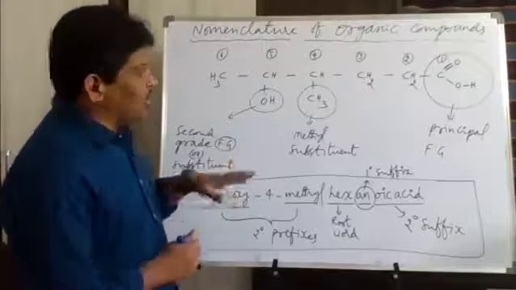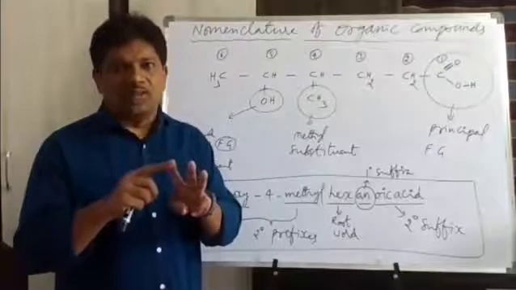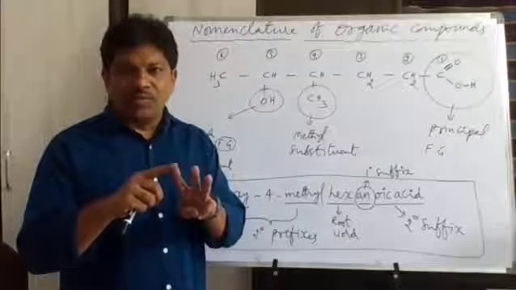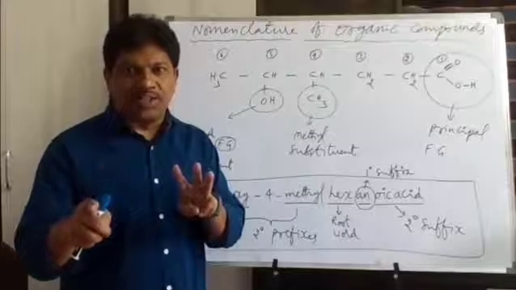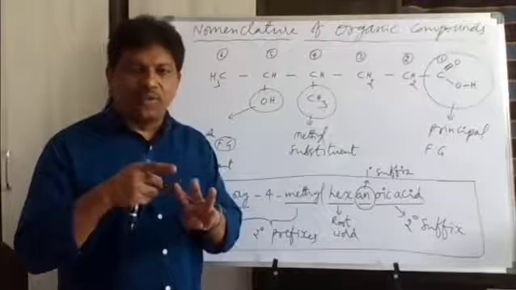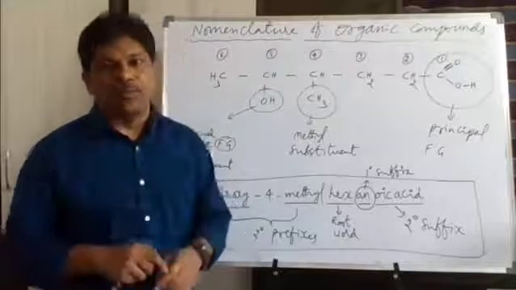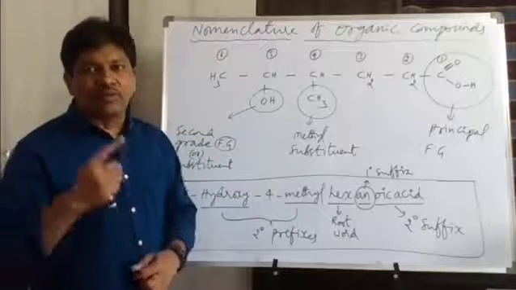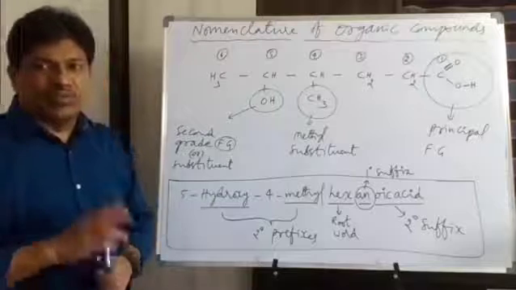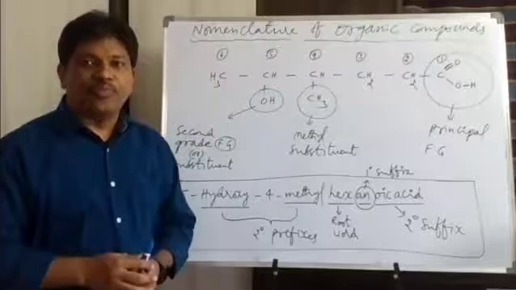I told you that there are three main parts of the IUPAC name: the root word, which gives the number of carbon atoms in the parent chain; the suffix, which is written after the word root; and the prefix, which is written before the word root. Again, the prefix is of two types: primary prefix and secondary prefix.